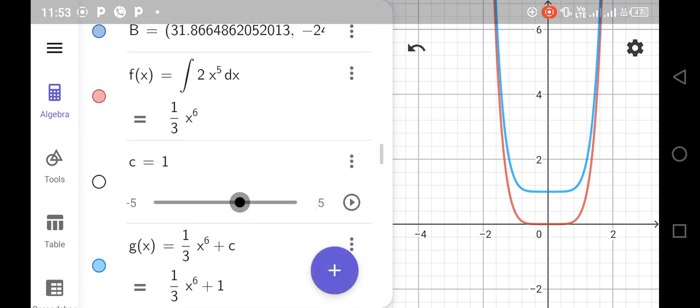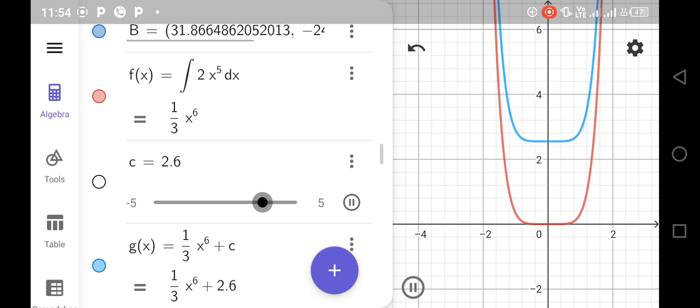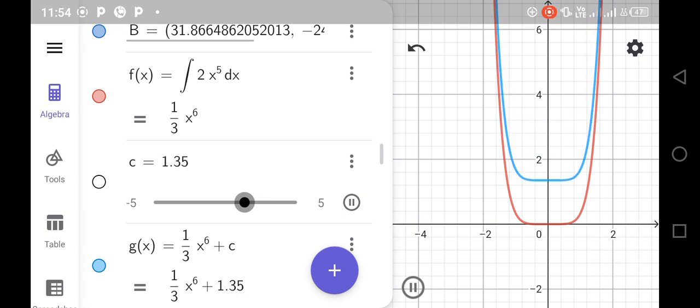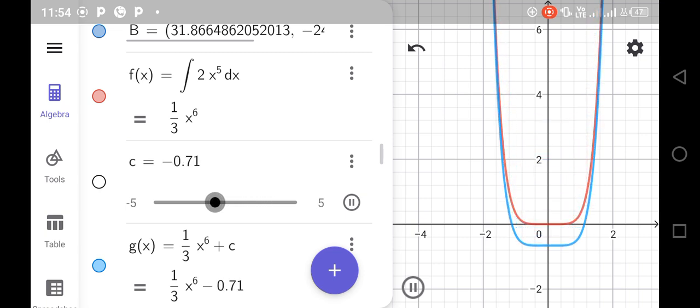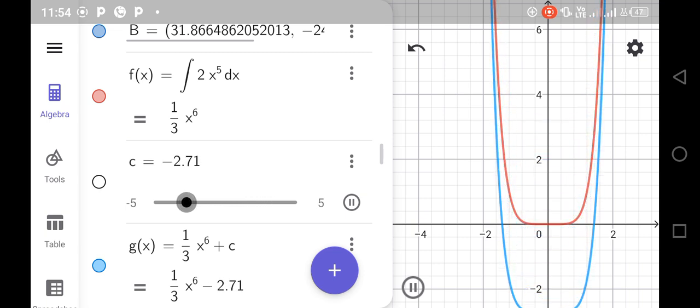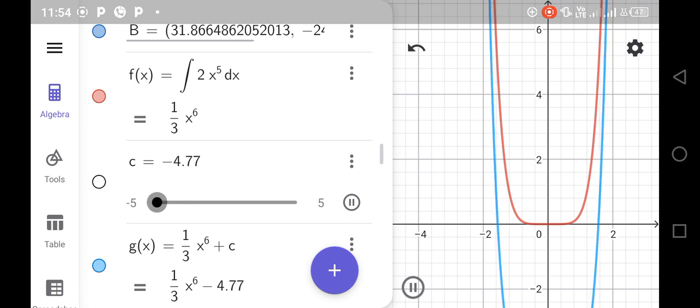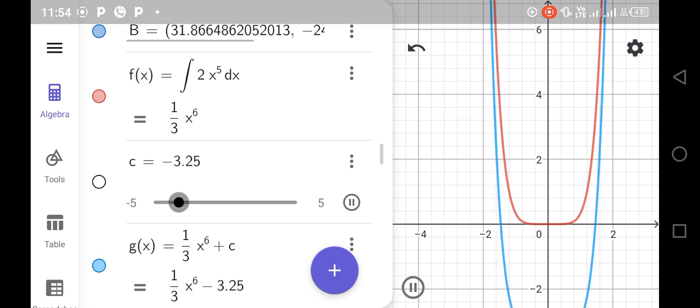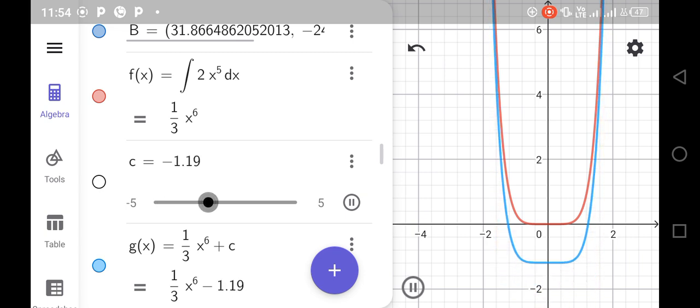Let's see what happens to the graph when we have the movement in the y-intercept. You can see that it moves up when the y-intercept is positive, and down when the y-intercept, that is constant c, is negative. So you can see the movement of that curve.